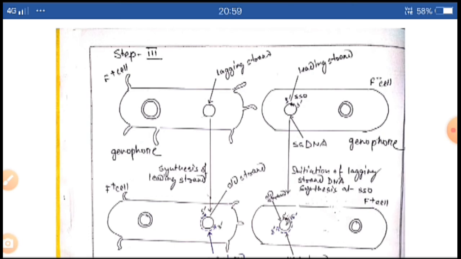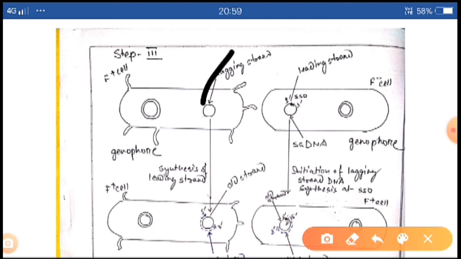Only the plasmid of the F plus cell has been converted to a single-stranded one, and here it is clearly indicated that this cell will have only the lagging strand and its leading strand has been transferred to the F minus cell. We know that the plasmid DNA is double stranded, but in both the cells the plasmid DNA is now single stranded.